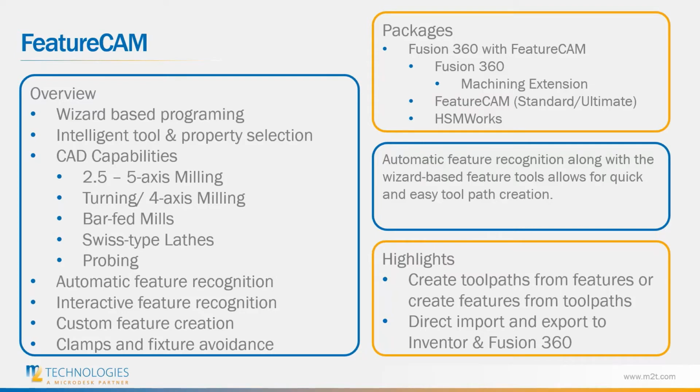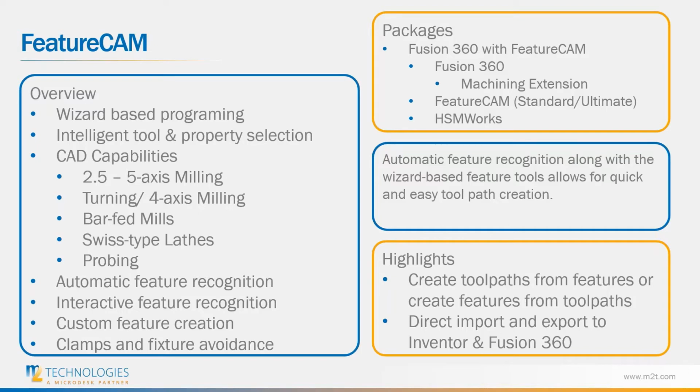And lastly, probing. It also includes automatic feature recognition, as well as interactive feature recognition to either have the system recognize those features and best assign the operations, or be able to do it manually in order to be more specific about what operation you want.